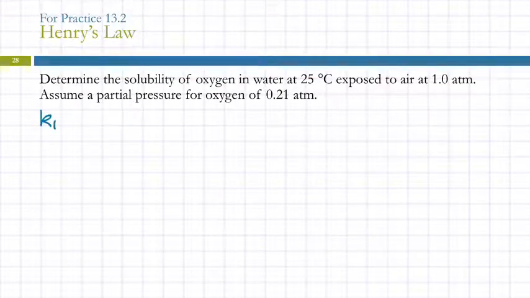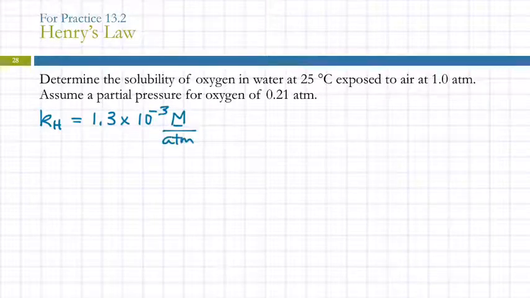So K_H is 1.3 times 10 to the minus third, capital M per atmosphere. And Henry's law tells us that the solubility, here we're talking about O2, is going to equal the Henry's law constant times the partial pressure of O2.